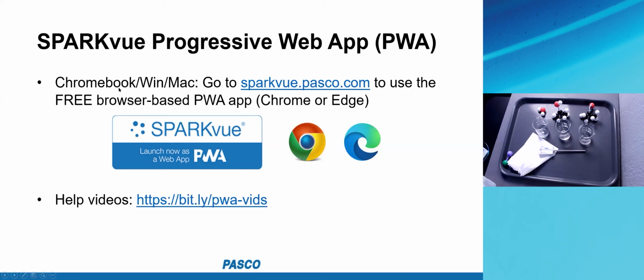The student version you can get from sparkvue.pasco.com. Chrome or Edge are the better browsers to use there. Chrome is better for all of Essential Chemistry, including SPARKvue, if you're using the browser-based version of SPARKvue.